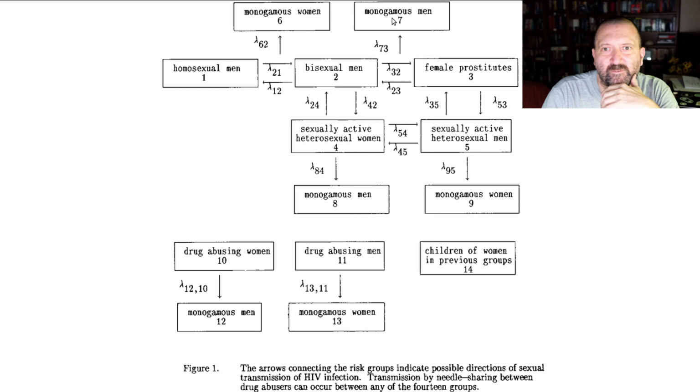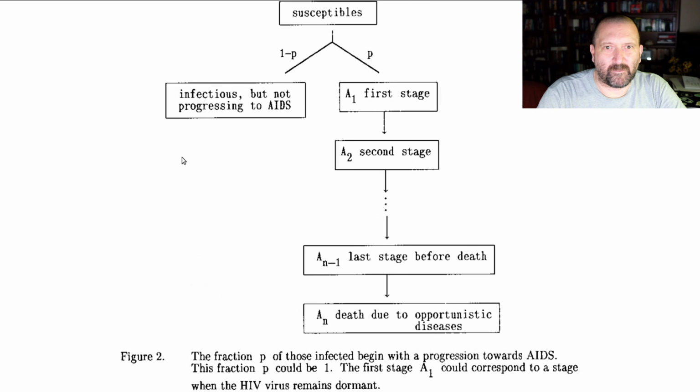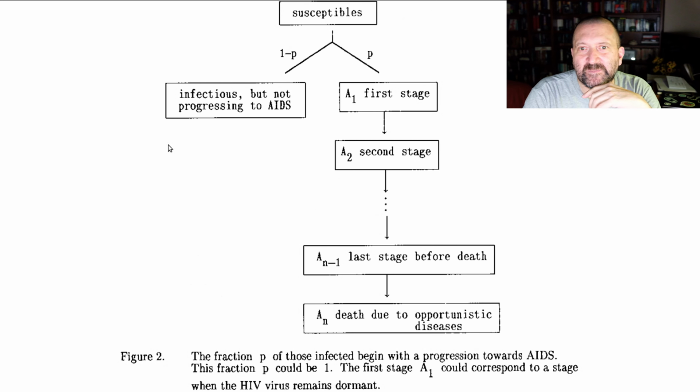So monogamous women, monogamous men, homosexual men, bisexual men, female prostitutes, etc. So this is a large model where there are transmission risks between all the groups, and not only that, but then there is also progression to AIDS from HIV positive that is encoded.